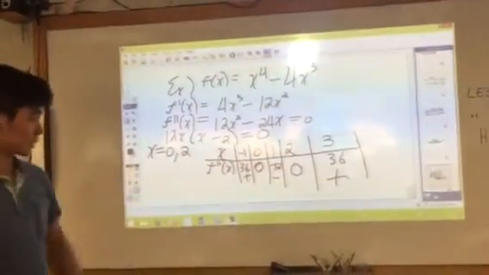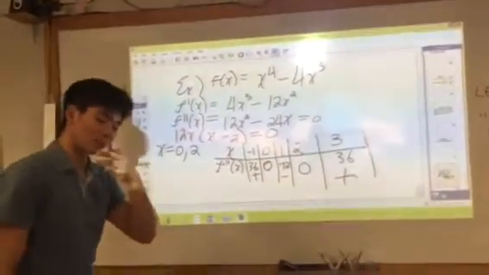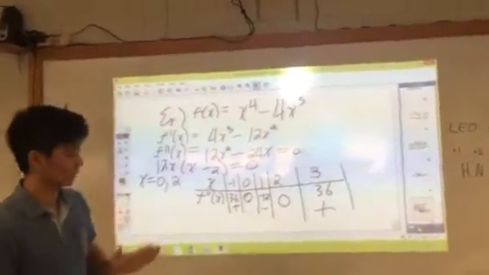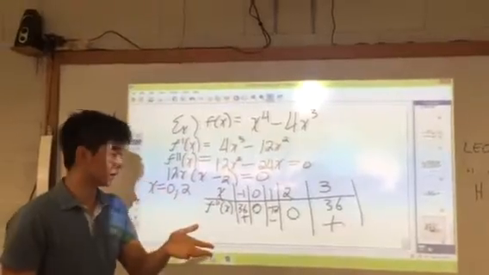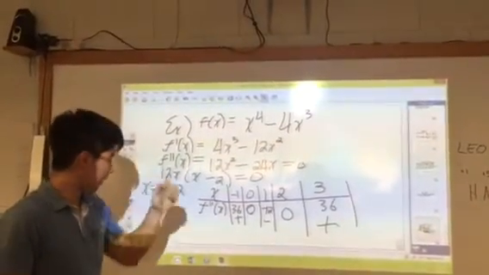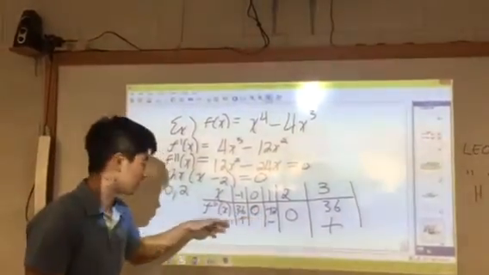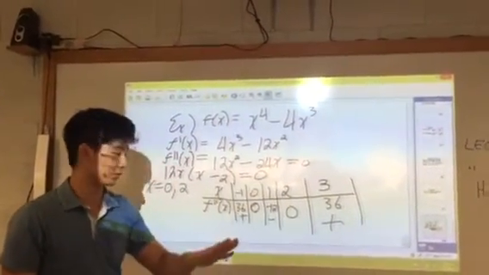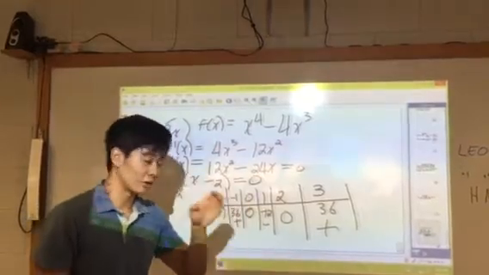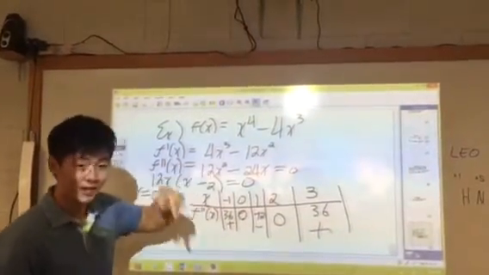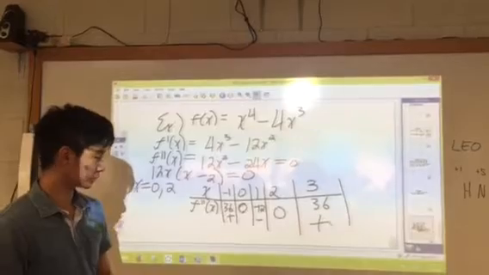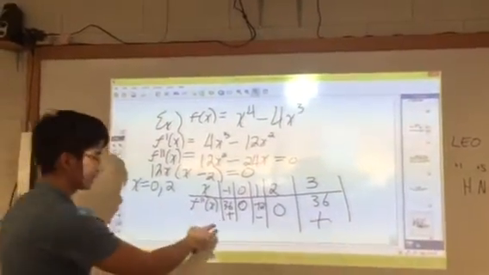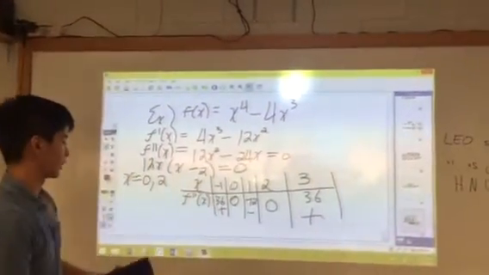So what do we do with this? Remember what I stated before, there are two different types of concavity, concave up and concave down. And conveniently, the intervals at which the second derivative is positive are concave up. The intervals at which the second derivative is negative are concave down. So now how do we convert this into an actual answer?